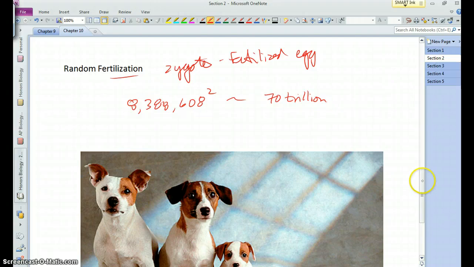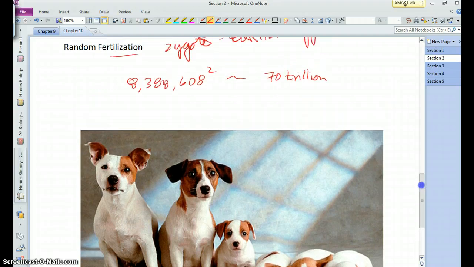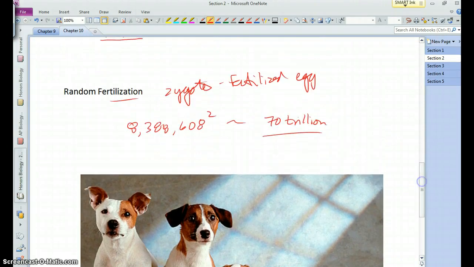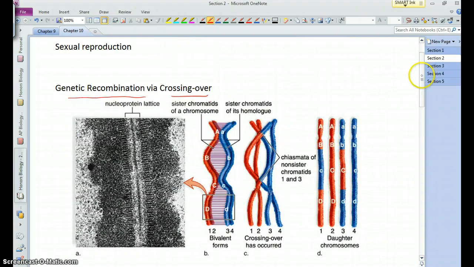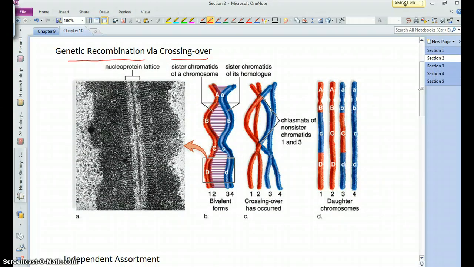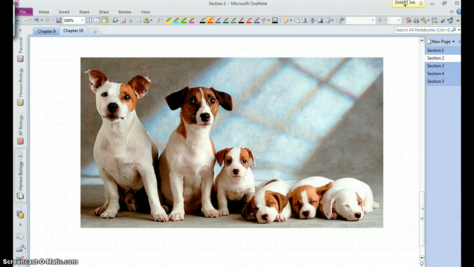But when you have siblings that are not identical twins, it's in theory possible for them to be genetically identical, but practically it's virtually impossible because there's so many possible combinations that could be formed. And this number doesn't take into account crossing over. Crossing over increases the possible combinations even more so that again, two siblings, it's virtually impossible for them to be identical. Okay, we'll do the other sections in the next video.